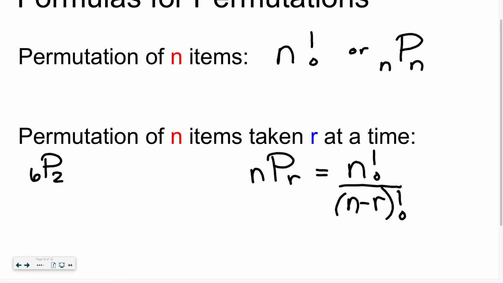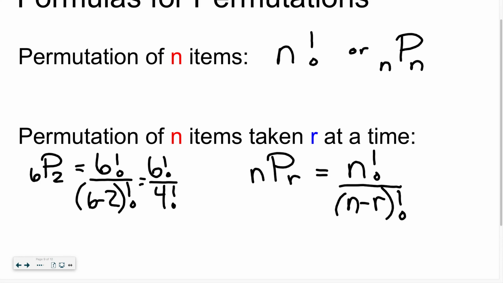A permutation of 6 pick 2 at a time. In the formula, that would be 6 factorial over 6 minus 2 factorial, right? That's n and r. That would be 6 factorial over 4 factorial.